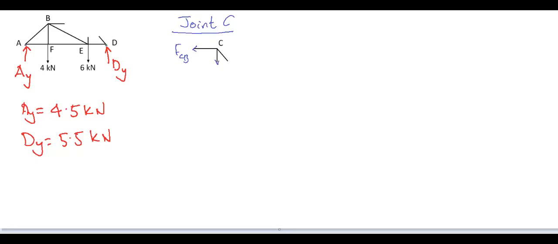Now let's move to the next joint, which is joint C, and make a free body diagram with all unknown forces acting outward and the known force FCB value to be used, which is minus 4.13 kN determined previously from joint B, and find the angle of the inclined member FCD. Use the normal sign convention and equilibrium equations.